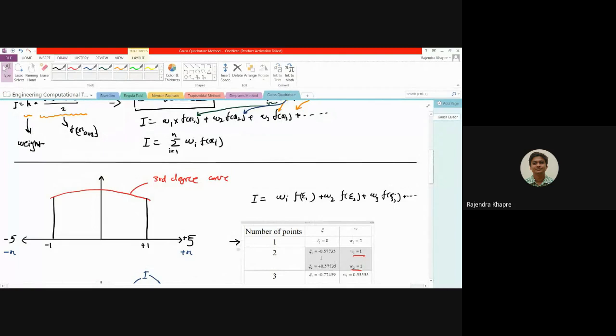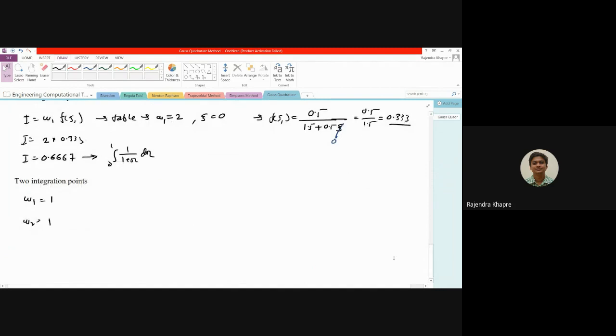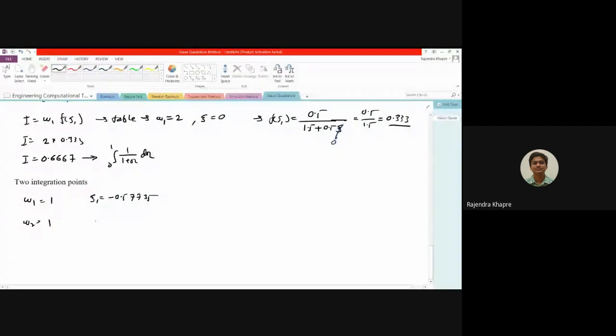Xi1 is minus 0.57735, negative, and the second one is positive, whereas the respective weight is 1 each. So w1 and w2 are 1, xi1 is minus 0.57735, and xi2 is 0.57735, positive.